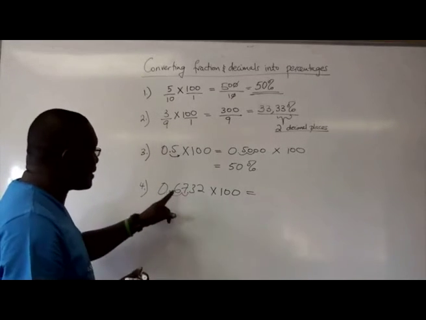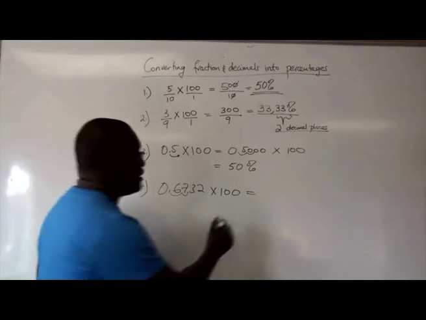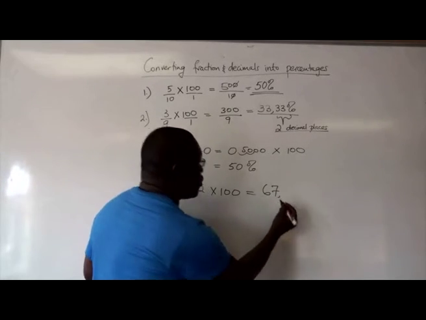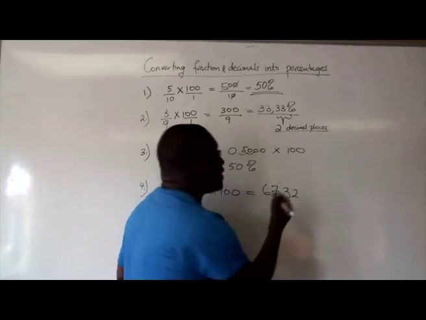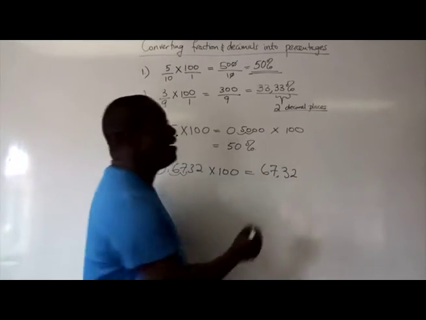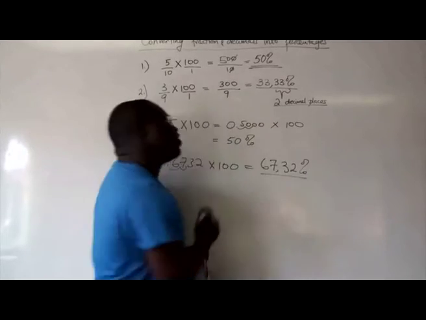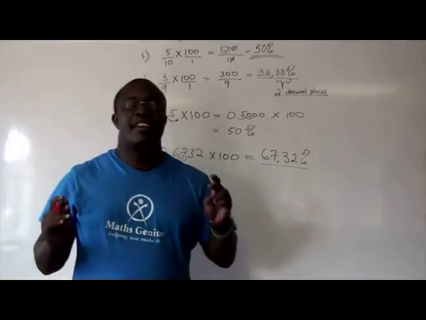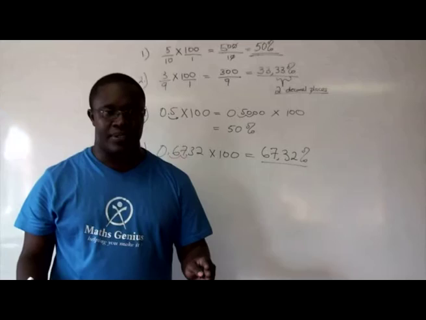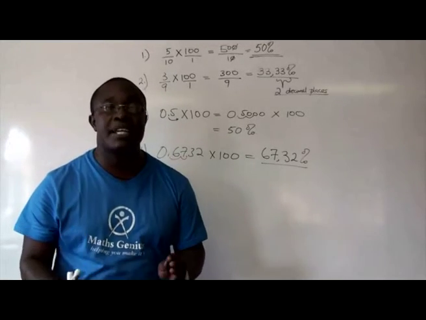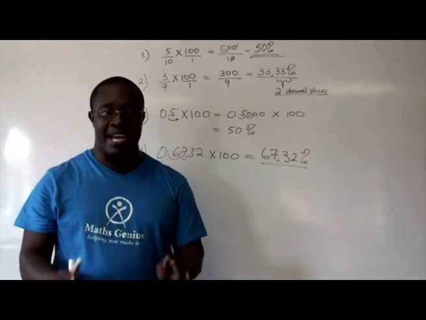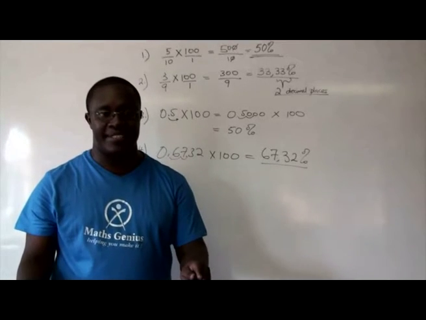So it's 67, comma 32, right? 2 decimal places because it's a percentage like that. So, given a fraction or a decimal, when you want to convert to a percentage, you simply multiply by 100.